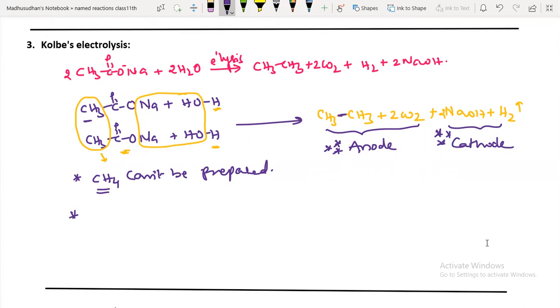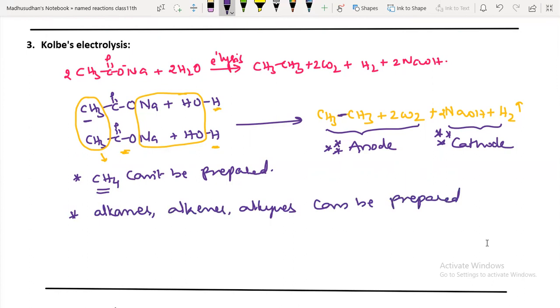But by using this method, you can prepare alkanes and alkynes. You can prepare all of them, alkanes, alkynes.